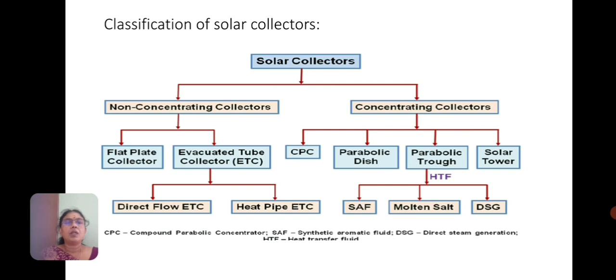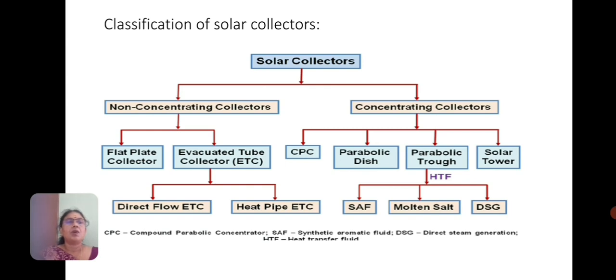As I already told, there are non-concentrating collectors and concentrating collectors. Non-concentrating collector is classified as flat plate collector and evacuated tube collector. Evacuated tube collector is divided into two types: direct flow evacuated tube collector and heat pipe evacuated tube collector.